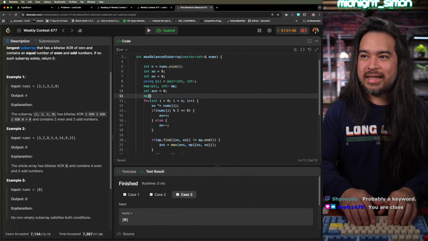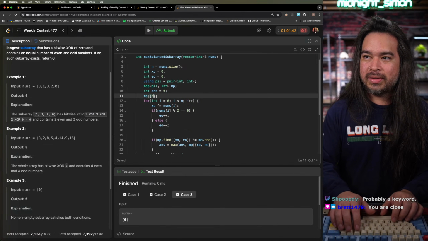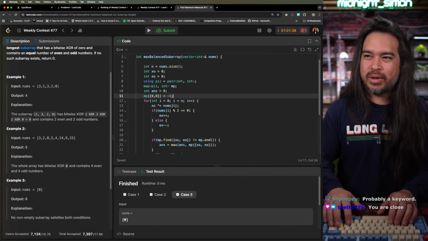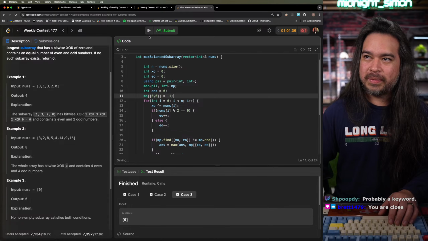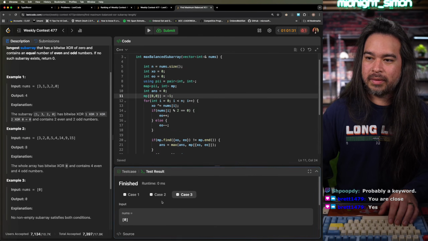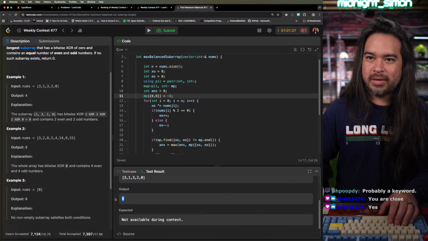Initially, I gotta seed my map with 0, 0, basically. And do I put it at -1? I think so. Let me try that. No. This doesn't work. So I have another bug.